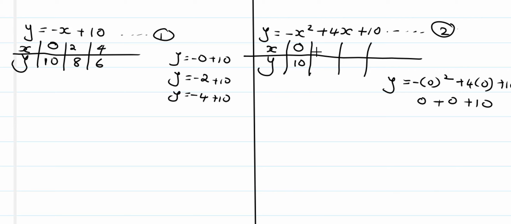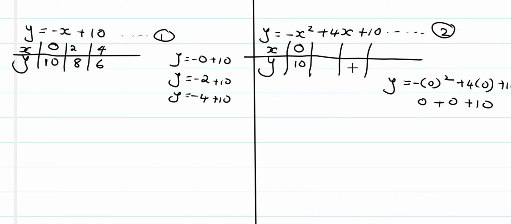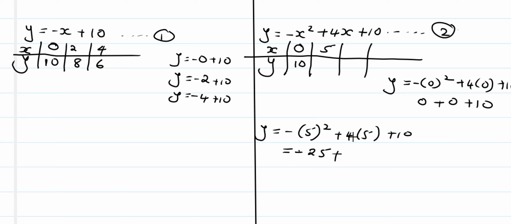Then how about if I guess 5? Then y = -5² + 4 × 5 + 10. 5 squared is 25, multiplied by the negative becomes -25, plus 4 multiplied by 5 is 20, then plus 10.